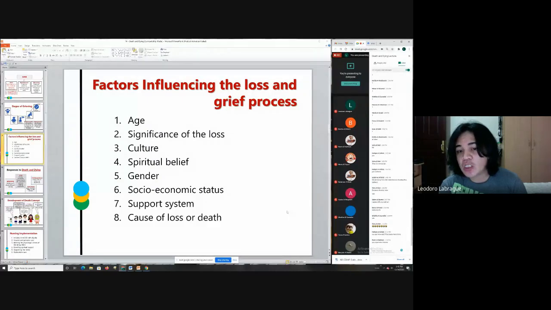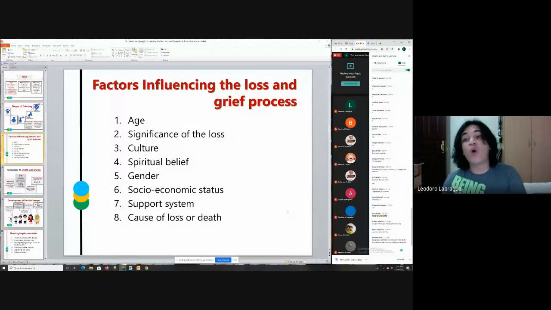If the cause is an accident, I'll give you a bigger example. If someone dies because of an accident, the emotional impact is different than when a person dies because of old age. This person dies because he is already old. It's very easy for us to accept the loss, to accept the death.